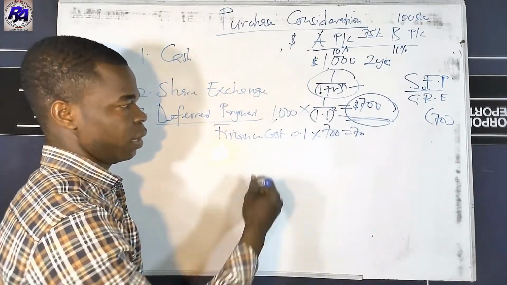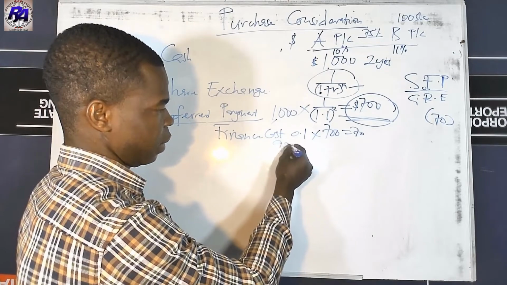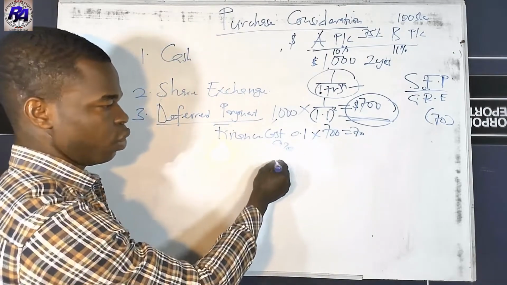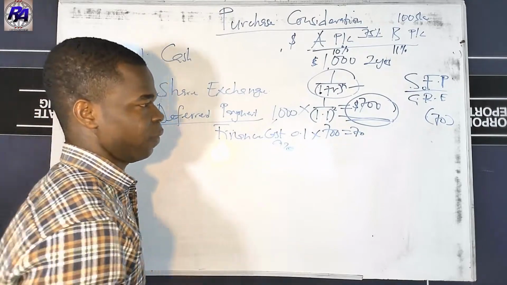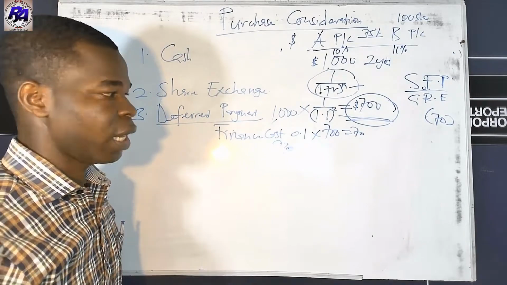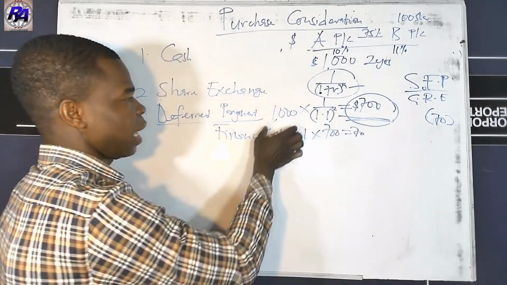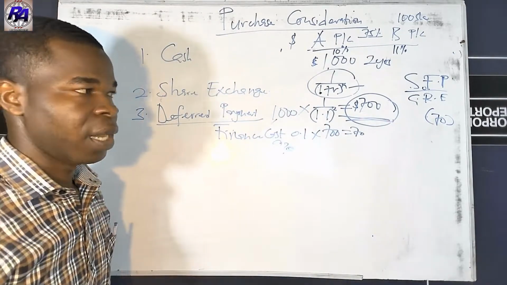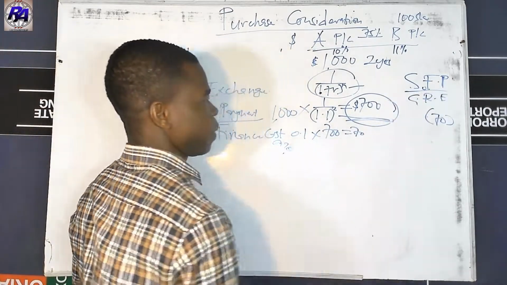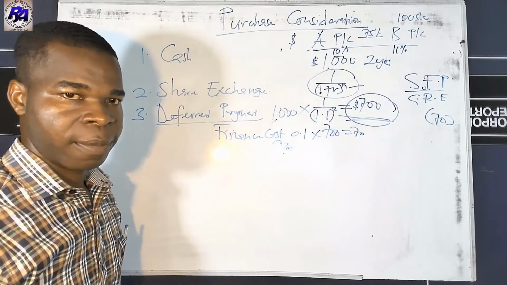So here is going to be 930 over here. The difference between this and this one is 930. So this will be your non-current liability, whilst the finance cost you've charged for the period is going to be your current liability. Together, you will get this amount to be your total liability to be paid in 2 years' time. This is the case when the question is requiring that to prepare statement of financial position.